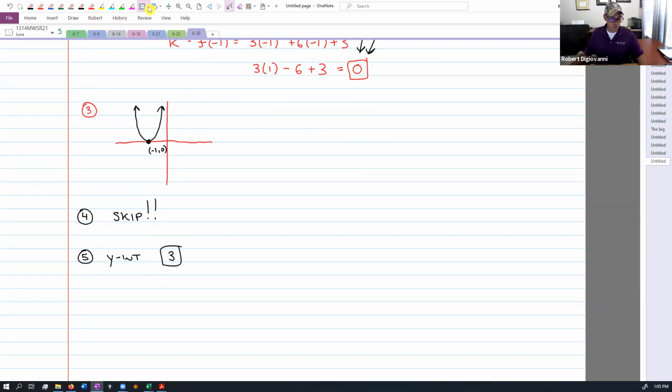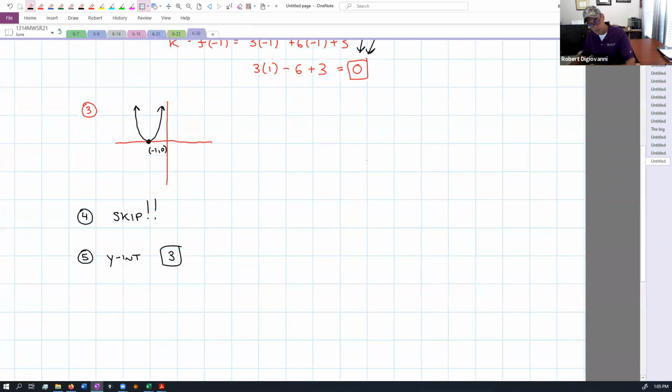So Lily, we're ready to draw this, okay? We'll start with the vertex, which is, you said, negative 1, 0. The x-intercept, which is the vertex itself, so we don't do anything with that. And then the y-intercept, you said, was 3, right?